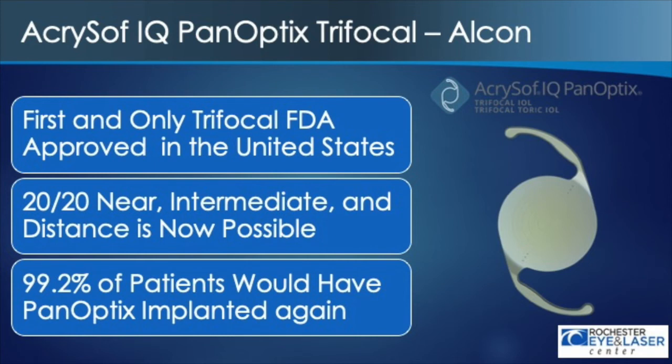Yeah, this is an exciting lens for people who want to reduce their spectacle dependence at distance, mid, and near. I can't tell you how many we've put in. Beth might have a little closer count, but I would say at least 10 to 15. I was going to say, yeah, at least. I was going to say 20. Maybe 20 bilateral. All of these multifocal lenses are meant to be put in both eyes.